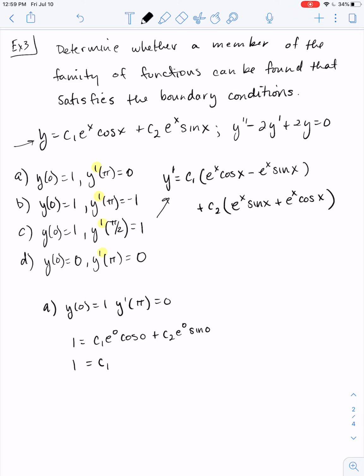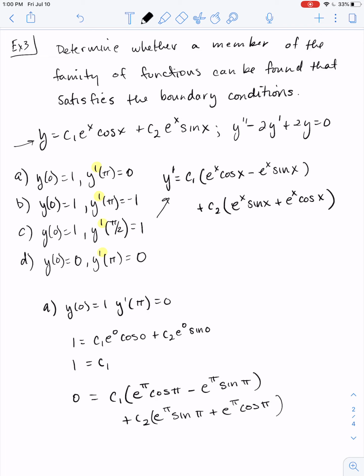I'm going to plug it into this equation, and I'll have 0 equals C1 e to the pi cosine pi minus e to the pi sine pi, and then plus C2 e to the pi sine pi plus e to the pi cosine pi, just like that.